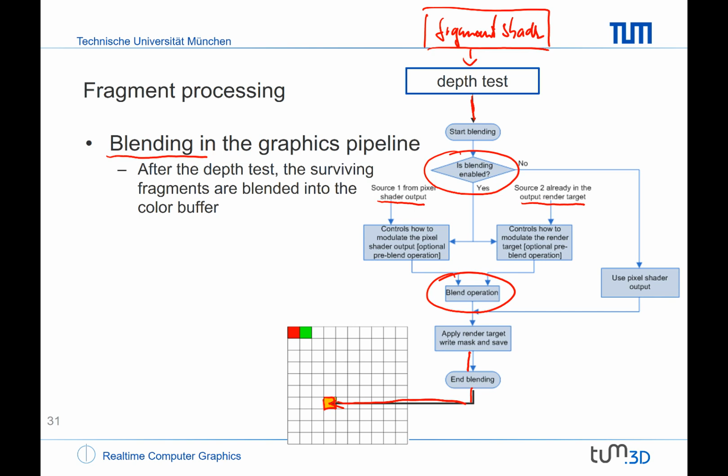There's a little more going on here, but in principle it is sufficient to understand that blending comes after the depth test, so it's only carried out on the fragments that survive it. In the blend stage, the incoming fragment color and opacity, the so-called source color and opacity, are blended with the color and opacity already in the color buffer. Then, depending on the blend operation I choose, the result is computed and set as the color in the pixel.